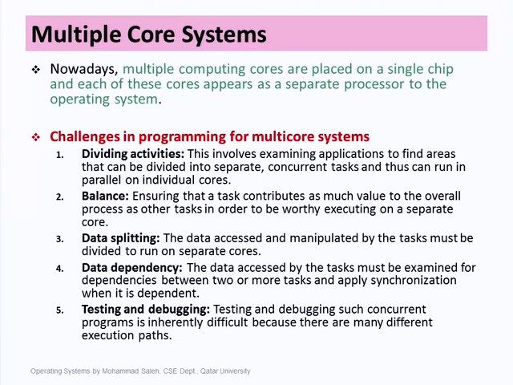And so we need to know some of the challenges that people face when they write this kind of application. One of them is dividing the activities, to know what activities can run in parallel. Sometimes this involves timed activities and sometimes event-based parallel activities.